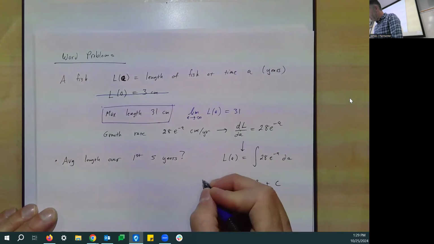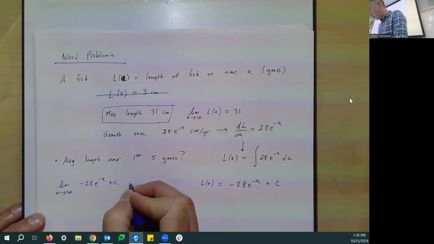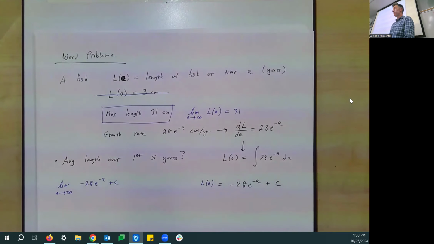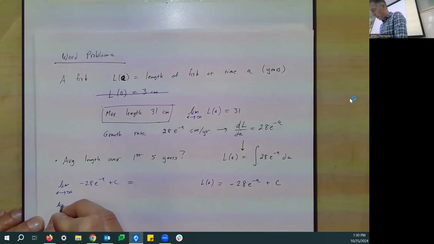So this is our function, L of a. We're going to say the limit as a goes to infinity of negative 28 e to the negative a plus c should equal 31. But I'm not going to write the 31 just yet. So I want to point out that this is equal to the limit as a goes to infinity. I never like e to the negative infinity. It's not my favorite thing.